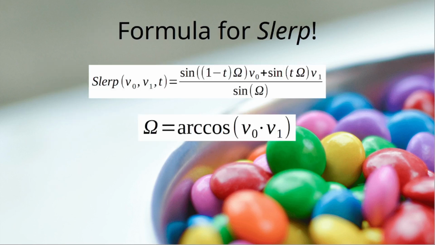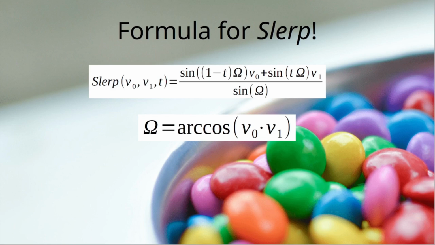Going over this slowly, you can find omega as the arc cosine of the dot product between v0 and v1. So do that first and get that number and hang on to it. Throw it in a variable or something.